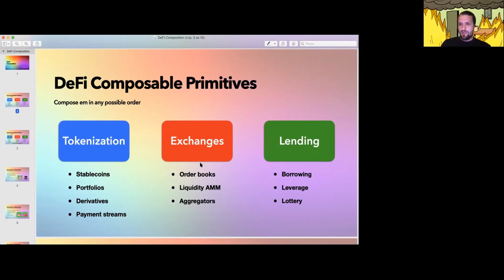So exchanges, I see three types. This is order book based exchanges where supply meets demand, and you can discover orders of different prices, and when you see orders you wish to fill, you can fill them. And also liquidity automated market makers.